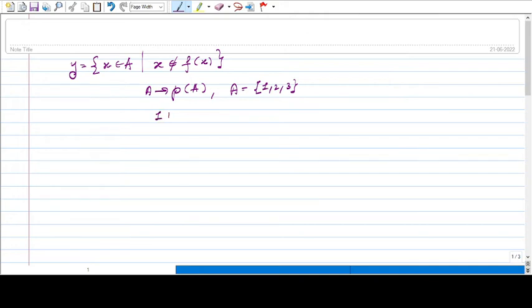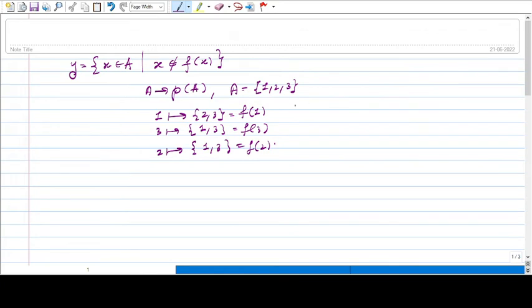For example, I am mapping 1 to {2, 3}, and 3 to {1, 3}, and 2 to also {1, 3}, no problem. Here you can see that this is f of 1, this is f of 3, this is f of 2.